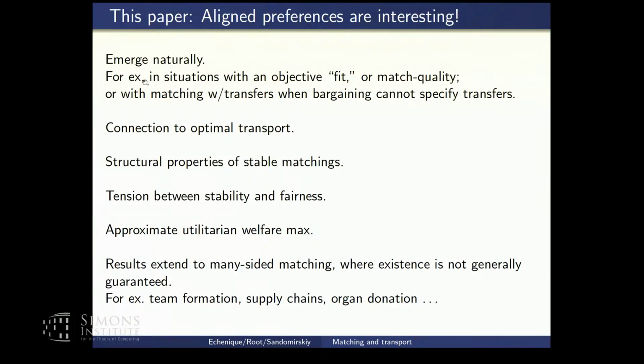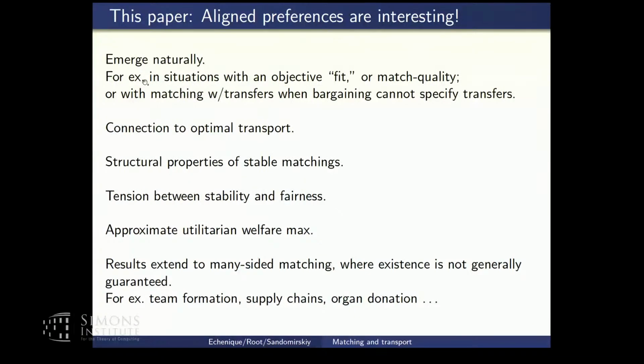Another thing that we think is really important is that these results extend beyond the two-sided matching problem to the many-sided matching problems, in which existence is generally not guaranteed. So there's the man, woman, child problem, which is known to have non-existence of stable matching.